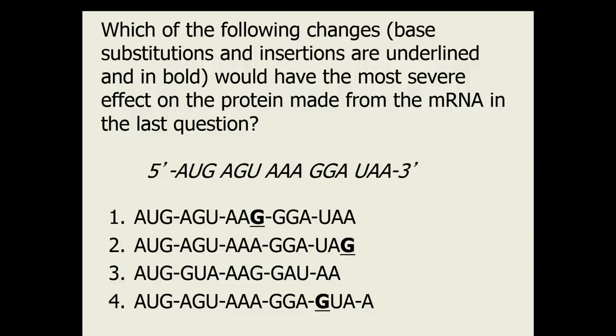Let's see. Now we have a deletion there, number 3. So number 3 would have the most severe effect because it would truncate the proper message. So number 3 would be the right answer.